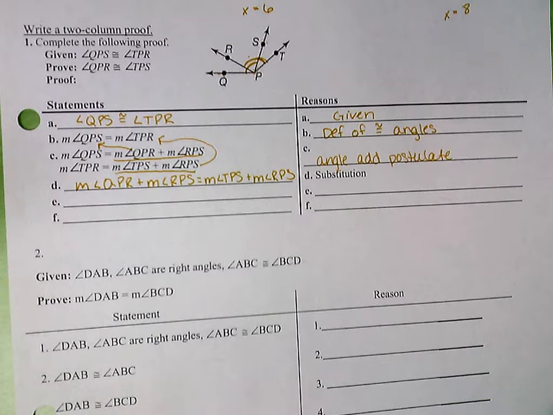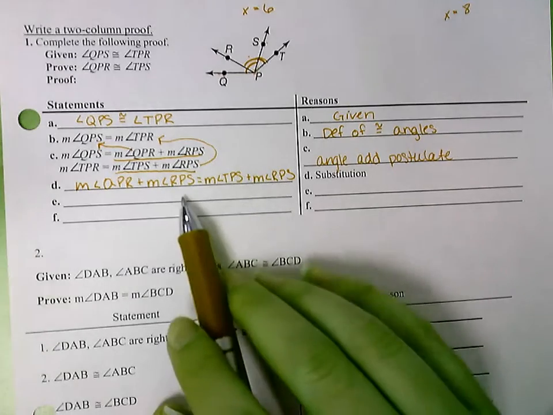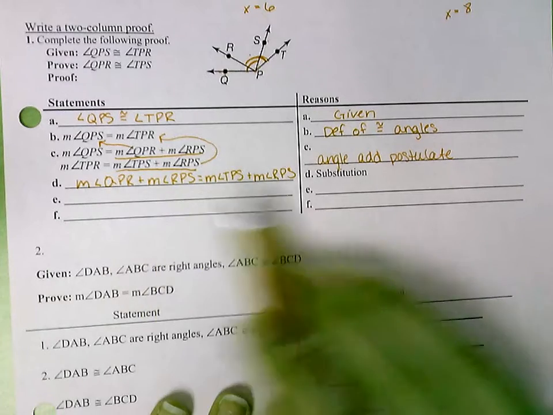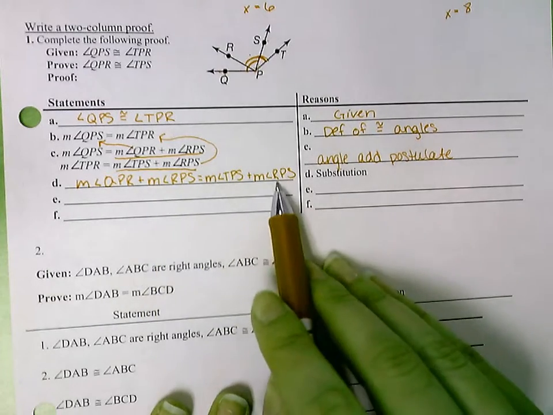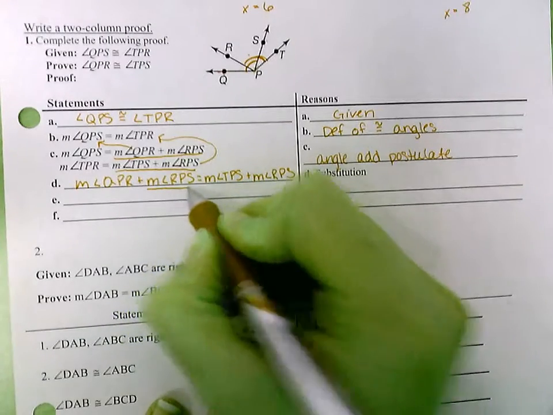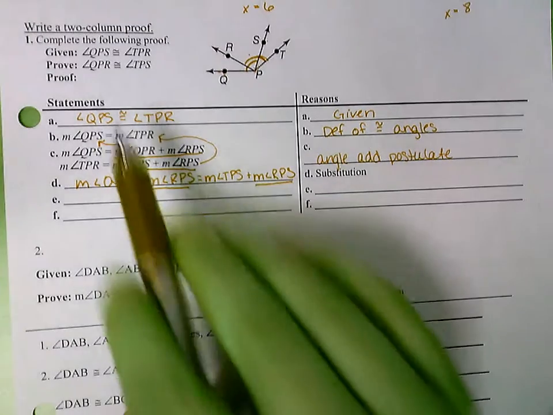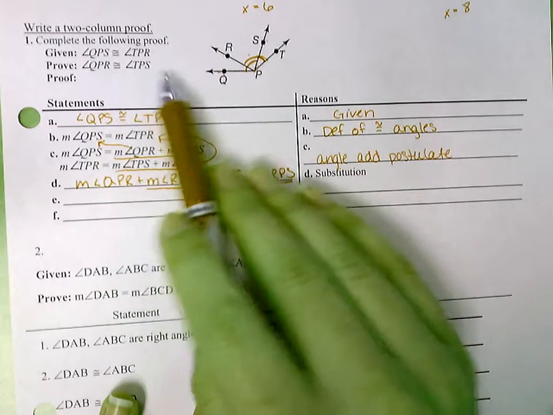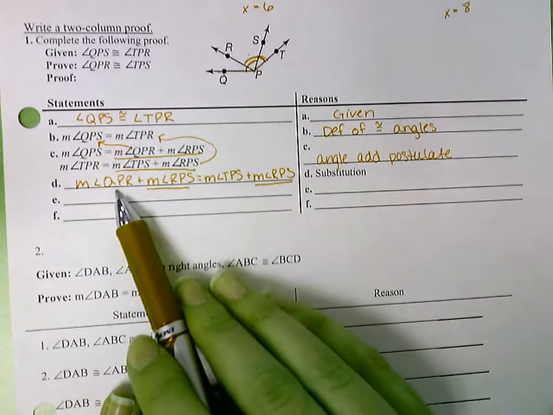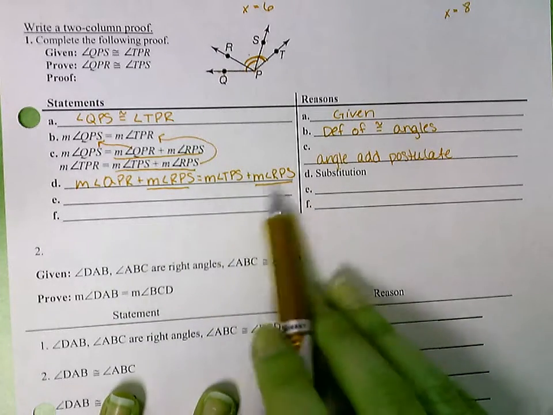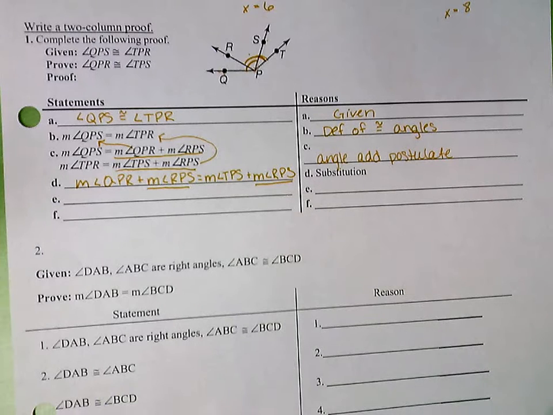Do you see where I got that from? What I want you to notice is that both sides of the equal sign have the measure of angle RPS, right? Somehow I need to prove angle QPR is congruent to TPS. Right now I have QPR and TPS here. If I have the same angle on both sides of that equal sign, what could I do?